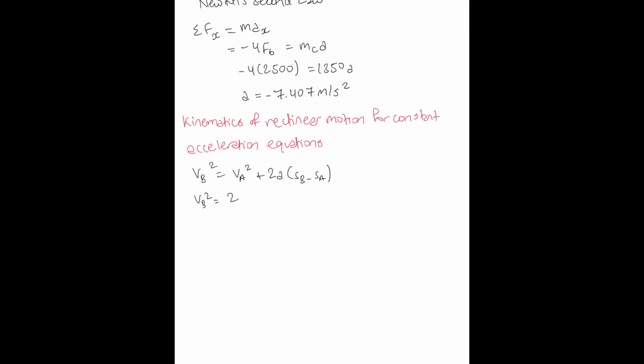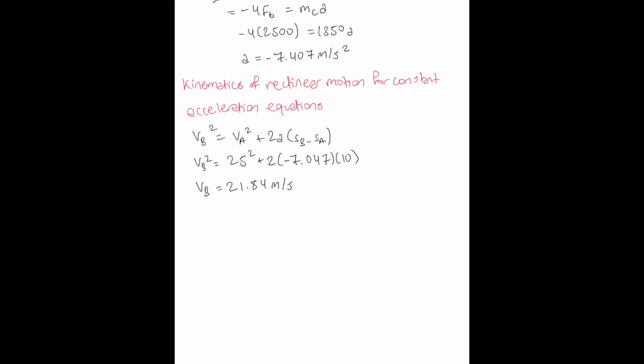And when we plug in our values, we can get VB is equal to 21.84 meters per second. Now, let's start evaluating beyond point P.